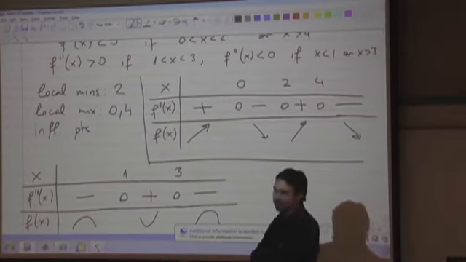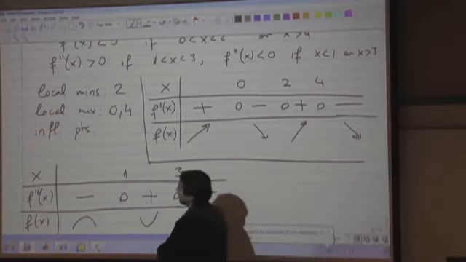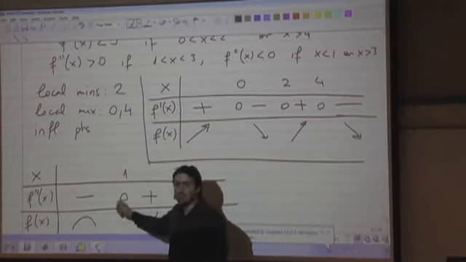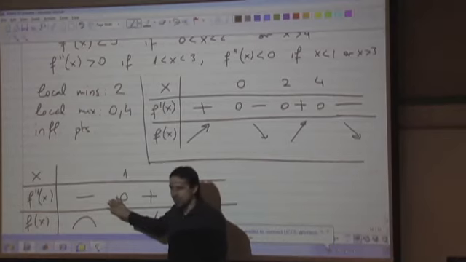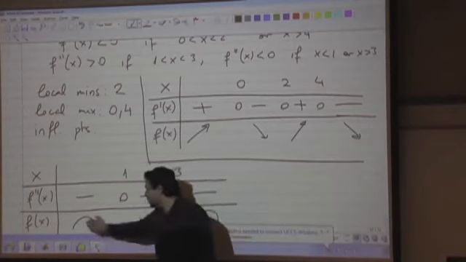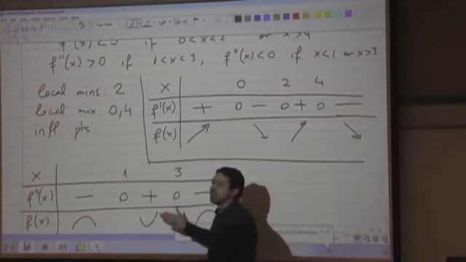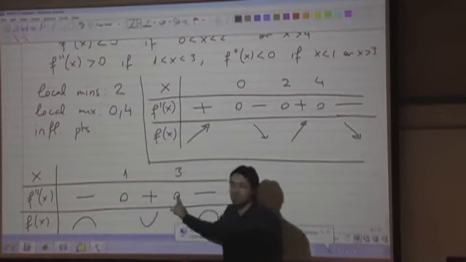Okay, yeah. As I said, I don't necessarily know this is 0. I'm just going to assume it's nice enough that it is 0. I don't necessarily care if it's 0 or not. All I know is inflection points happen when the concavity changes. So my concavity changes here, and it changes here. As a ground rule, that's where the inflection points are going to be, where the second derivative is 0.